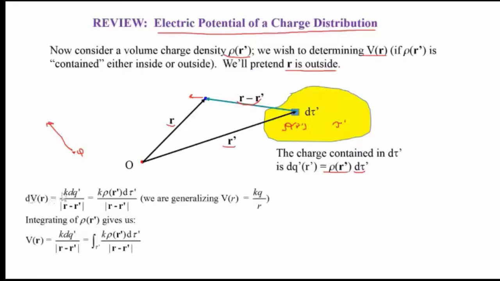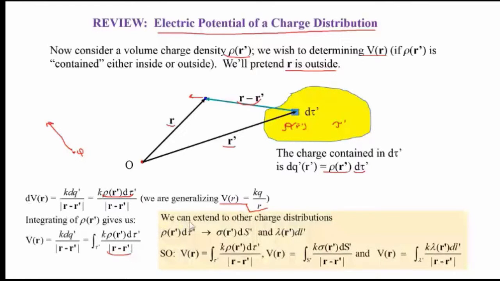So if we put in for our dq prime our charge density times the volume, we get this. What I was just pointing out is we're generalizing this equation here for a point charge. Once we have dV, we can integrate both sides, and so this side gives us V of r, and this side gives us the integral over the volume of k rho d tau prime divided by the distance r minus r prime.